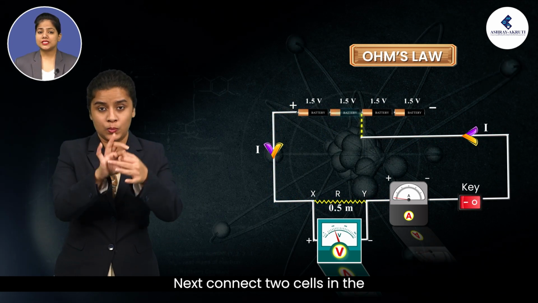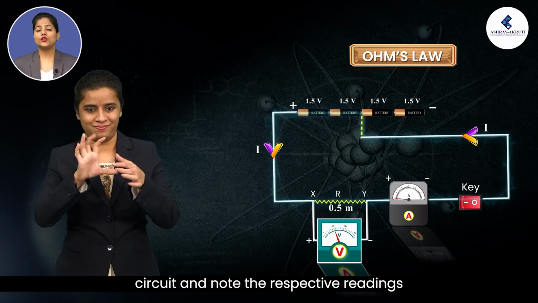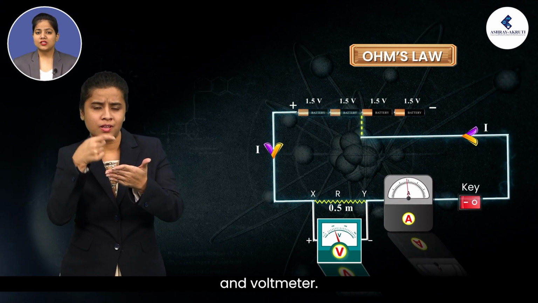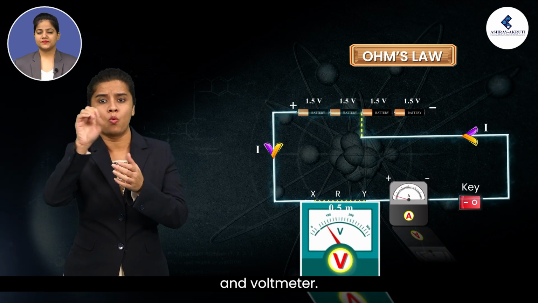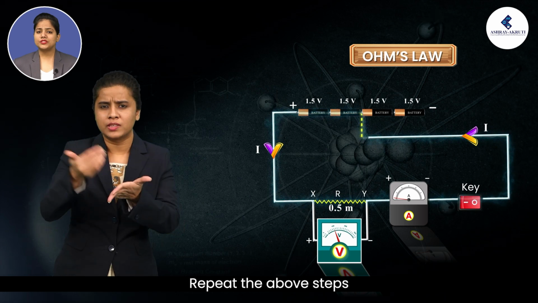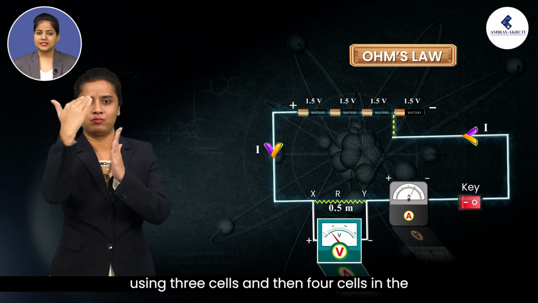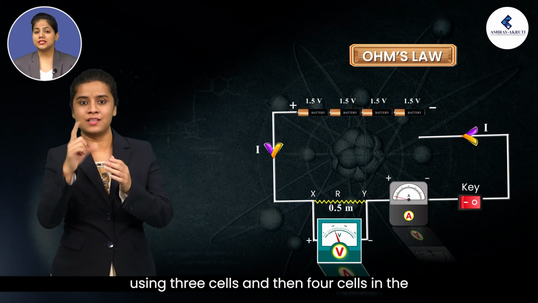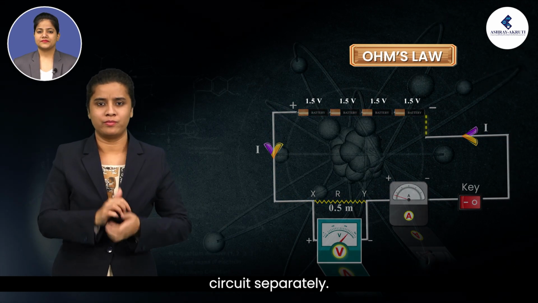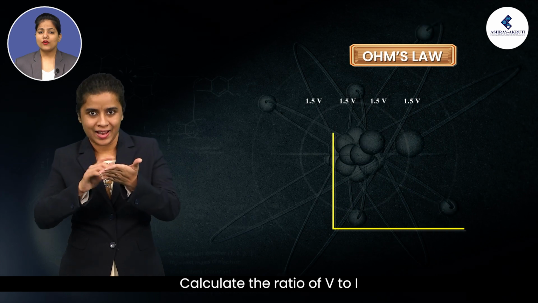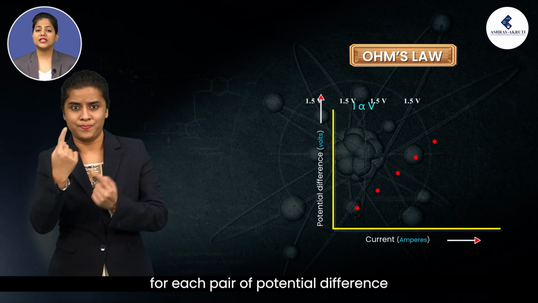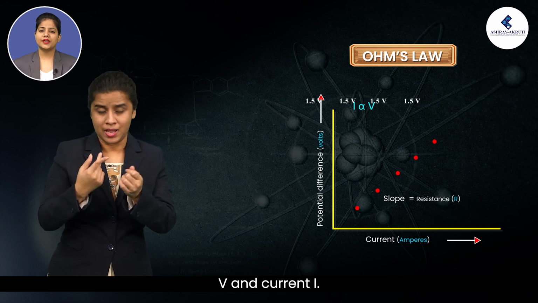Next, connect two cells in the circuit and note the respective readings of the ammeter and voltmeter. Repeat the above steps using 3 cells and then 4 cells in the circuit separately. Calculate the ratio of V to I for each pair of potential difference V and current.